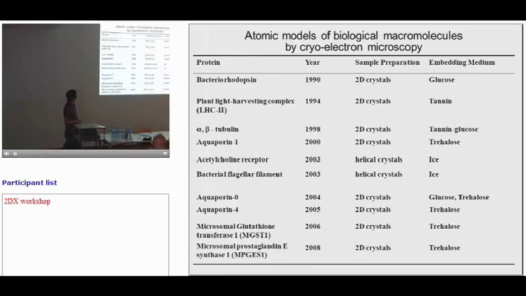But some soluble proteins are also amenable and have been analyzed, such as alpha-beta tubulin and bacterial flagellar filament. Most of these were solved by using 2D crystals, and I'll be talking mainly about sample preparation for 2D crystals, but some proteins are solved using helical crystals.